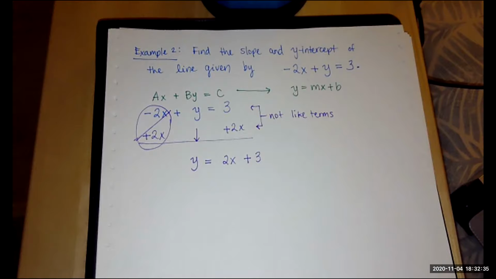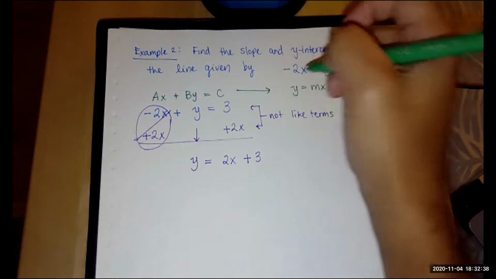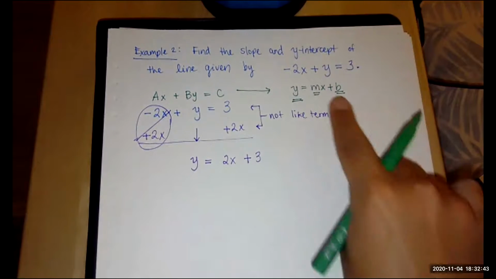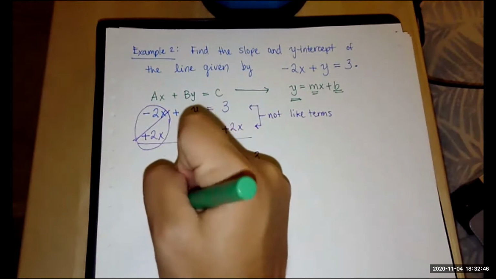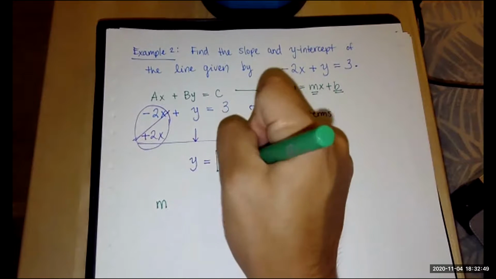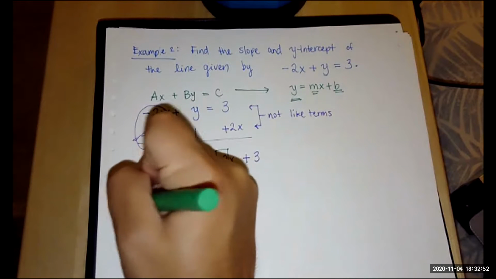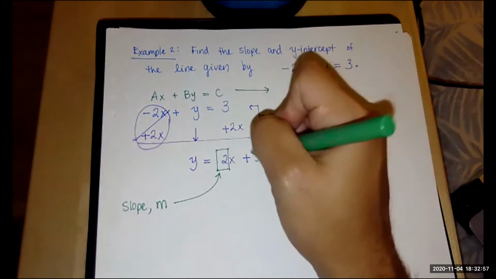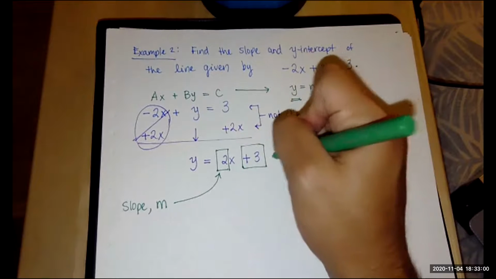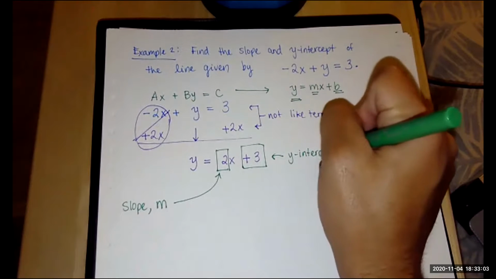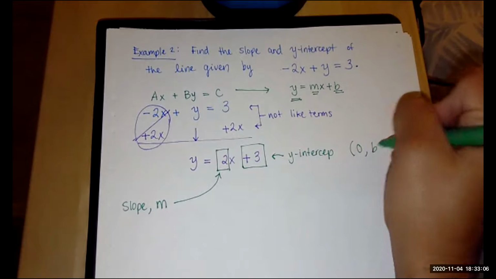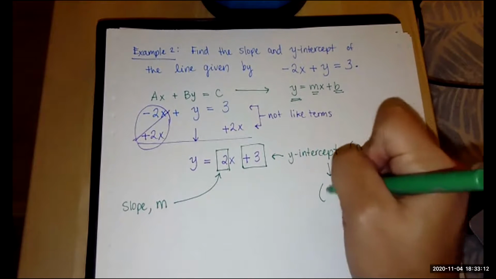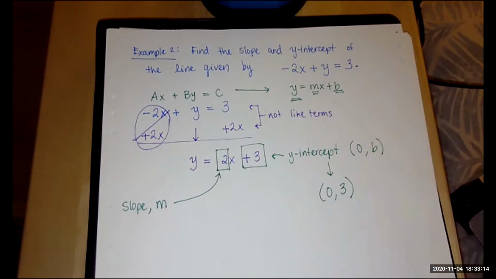Okay, so once I've done that, the y is by itself. So this is in the form y equals mx plus b, where now my slope m, that's the 2. Okay, and the y-intercept, which is usually written as 0 comma b, is going to be 0 comma 3.